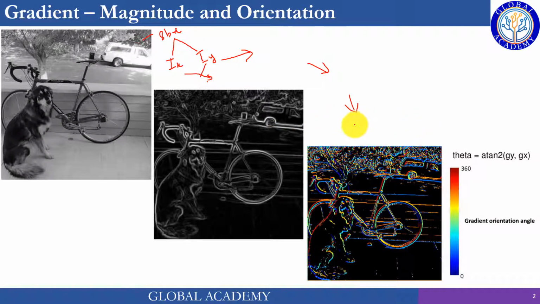The best way could be, in case of these operators, for each pixel we need only 8 directions like 90 degree, 45 degree, 0 degree, minus 45 degree, minus 90 degree, minus 135 degree, plus 135 degree, and 180 degree. So we totally need 8 directions.